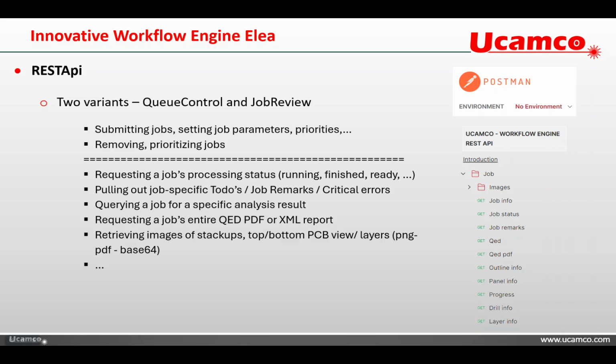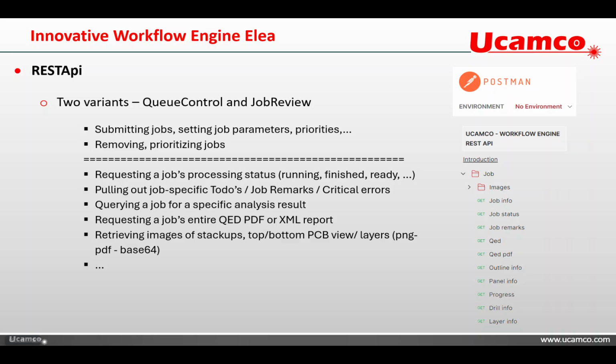Depending on the level of control or exchange that you need, you might go for one or the other. In Queue Control, you have a REST API which has the capability of submitting jobs, of setting parameters and priorities. I think on one of the next slides there is an overview with the exact contents of both.